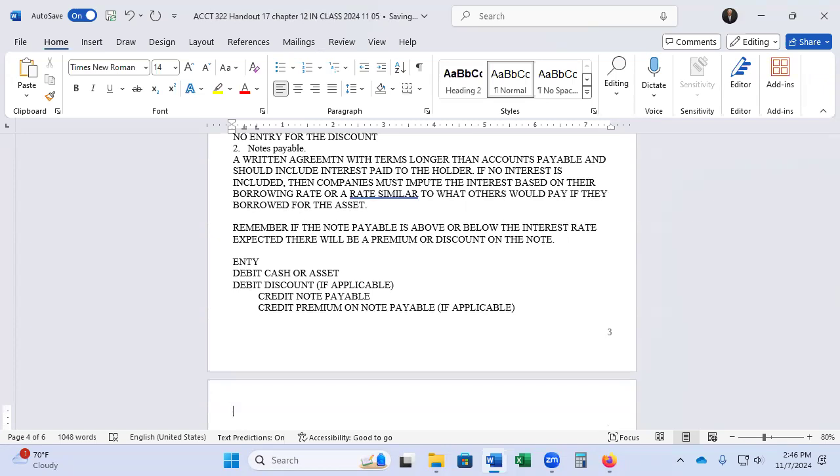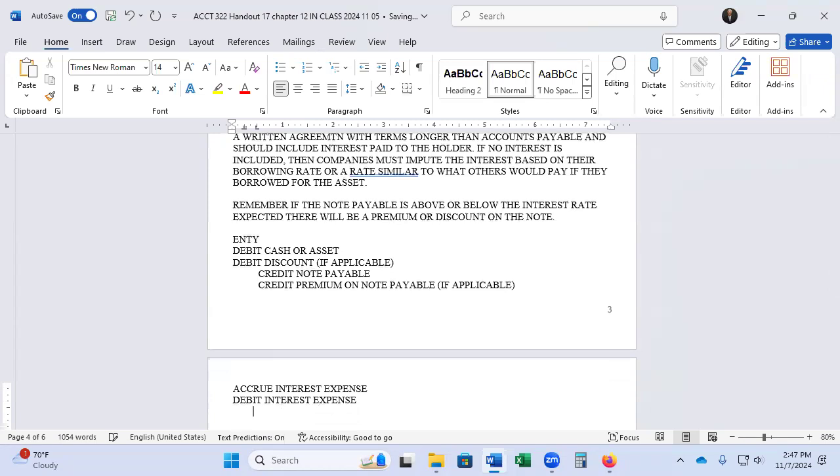And then you have to accrue interest expense. So at the end of the period, you debit interest expense, and you would credit interest payable.